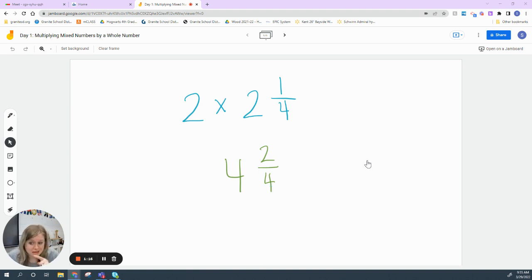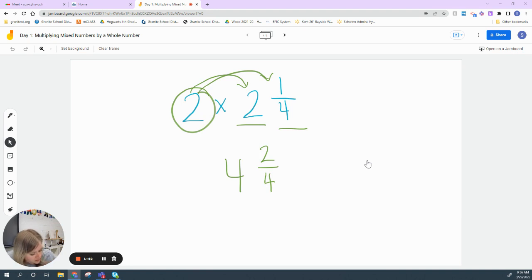Now, how I got there was I separated my whole number and my fraction, okay? This is called the distributive property. When we're multiplying something, we are actually multiplying everything by this number right here. There's a way to write it so that it seems simpler.